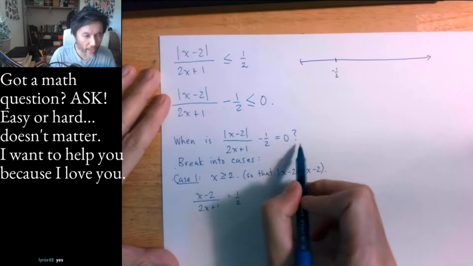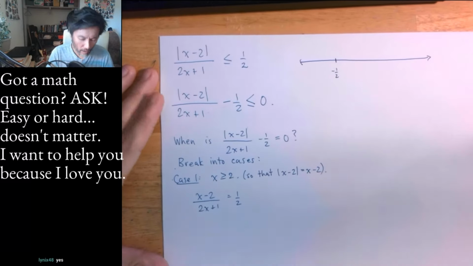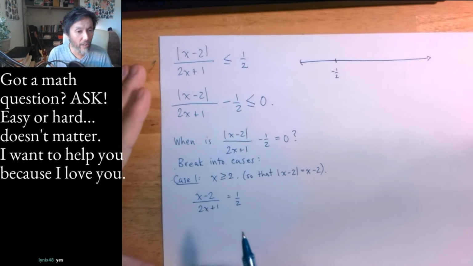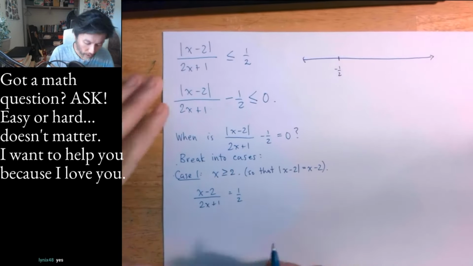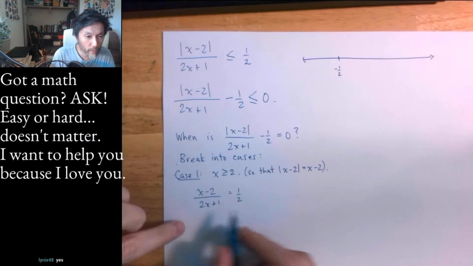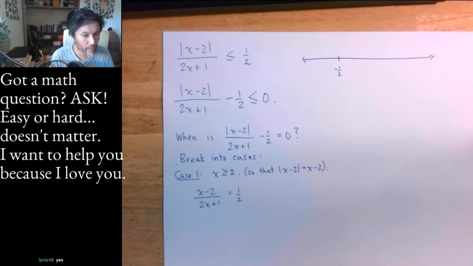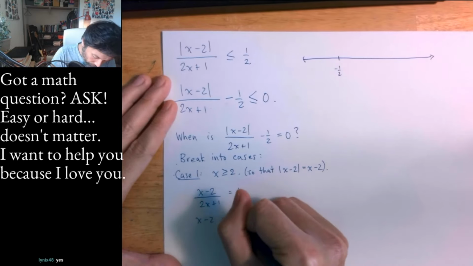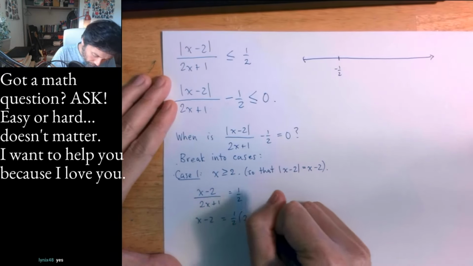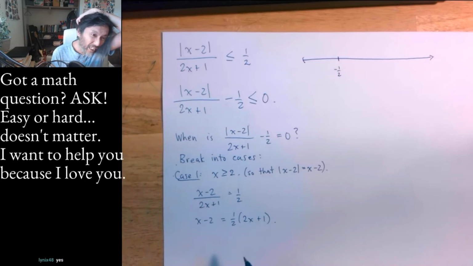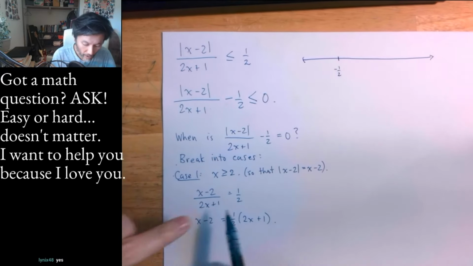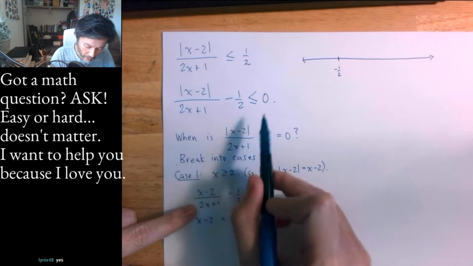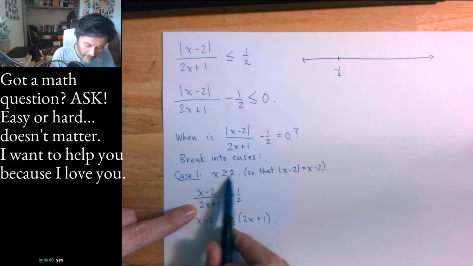So I've moved 1/2 over to the other side. This is now, I hope, a standard solve for you. If not, we're going to go through it right now. What's my first play? Multiply both sides by 2x plus 1. You have to be a little careful here because if x is equal to negative 1/2, oh wait, never mind. x is not equal to negative 1/2.